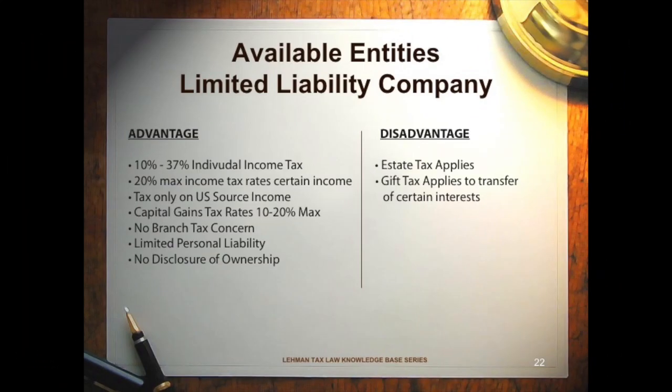The next entity up the ladder is the limited liability company. Now, the limited liability company has all the same attributes as an individual investing here in the U.S., except one.